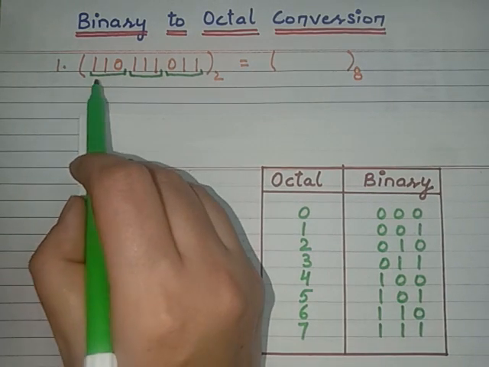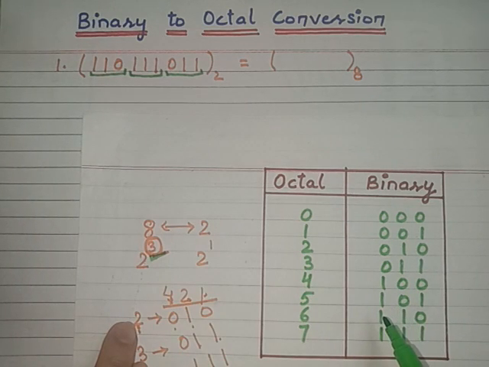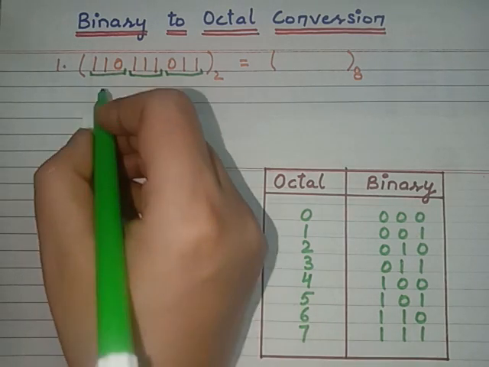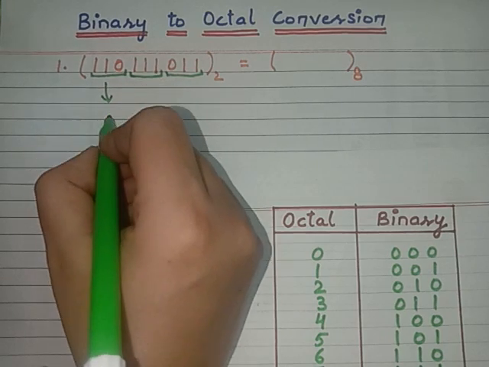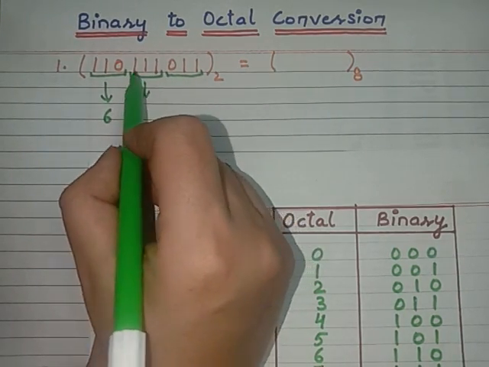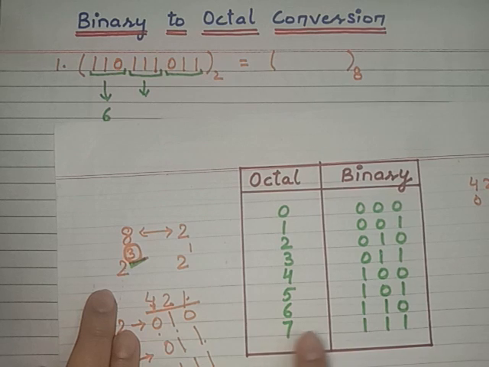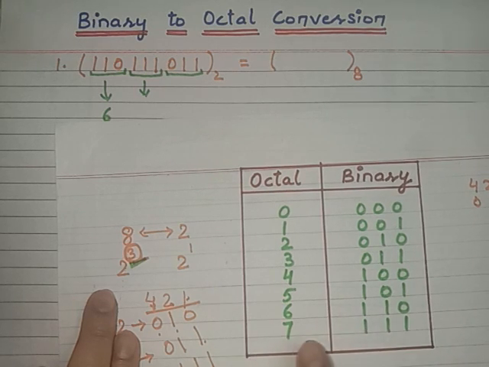So here this is 110. The corresponding octal number of 110 is 6. So that means this is going to be 6. The next group is 111. The corresponding octal number of the binary 111 is 7.